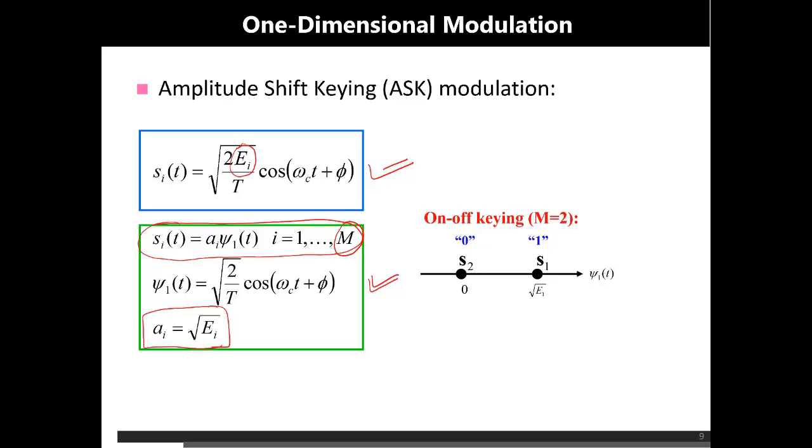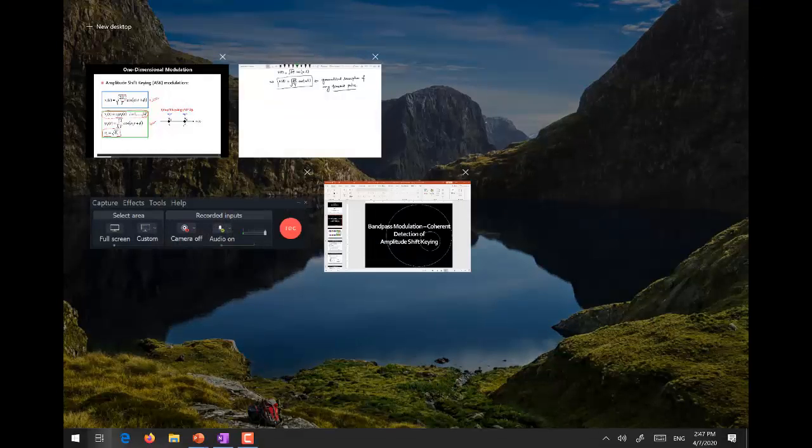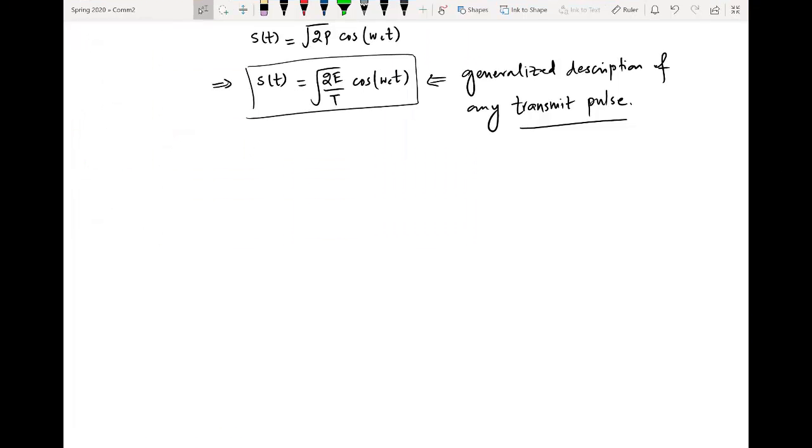Now let's take an example of drawing the amplitude shift keying signal.